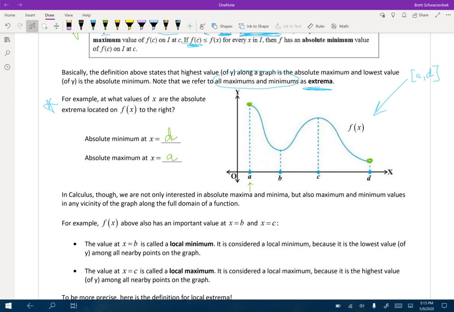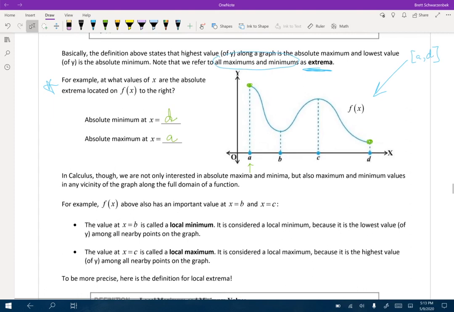For example, if you look at our original graph here, the one we've been using, at x equals b you have a point that happens to be the lowest point in the vicinity of what's going on in this graph. Lowest point in the vicinity. Therefore, we would call that a local minimum.